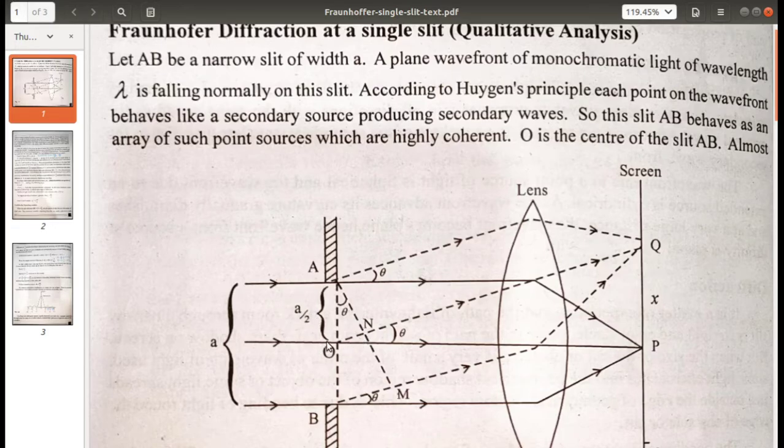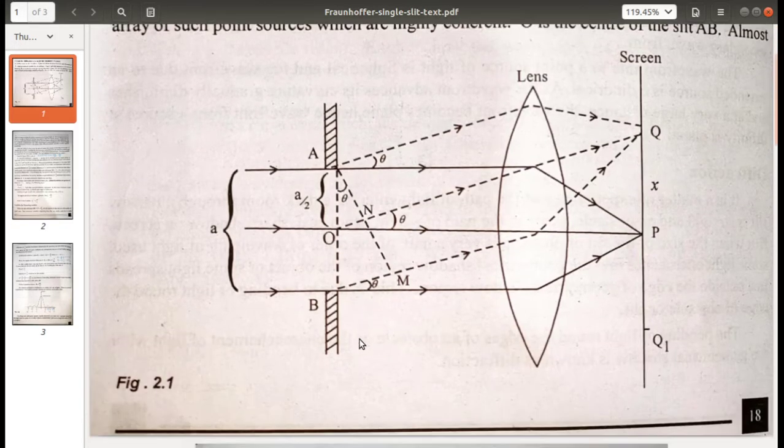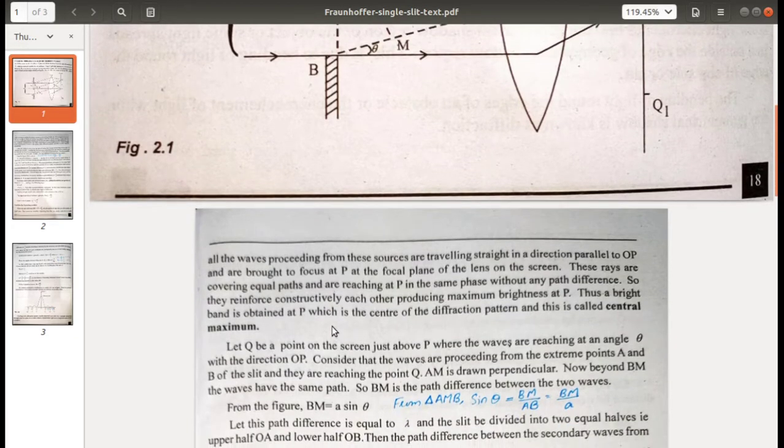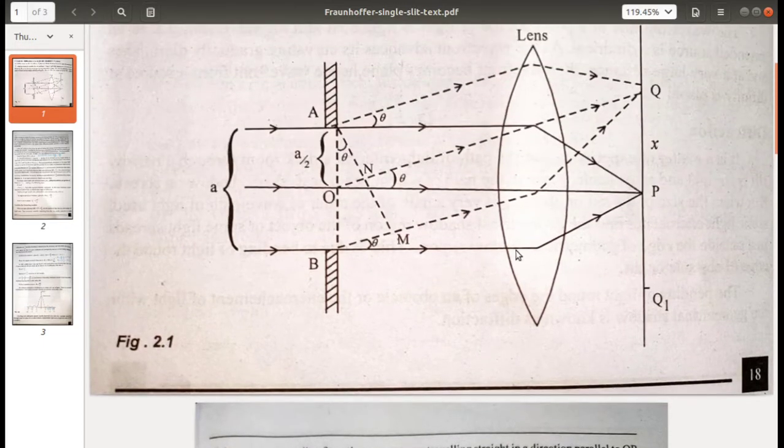Here O is the center of the slit, and almost all the waves proceeding from the sources are traveling straight in a direction parallel to OP. OP is this. So this is the slit, with the plane wavefront falling on it, and the light is traveling in this direction. Here we have placed a lens in order to converge these beams, and here is the screen.